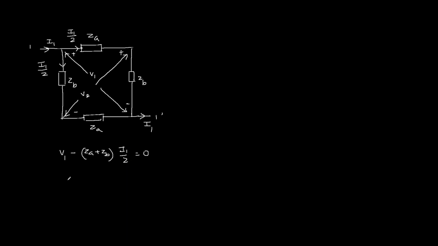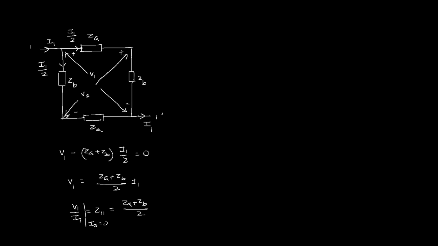So we can write V1 as (ZA plus ZB) by 2 into I1. So V1 by I1 when I2 is 0 is Z11, and it is equal to (ZA plus ZB) by 2. So this is Z11.